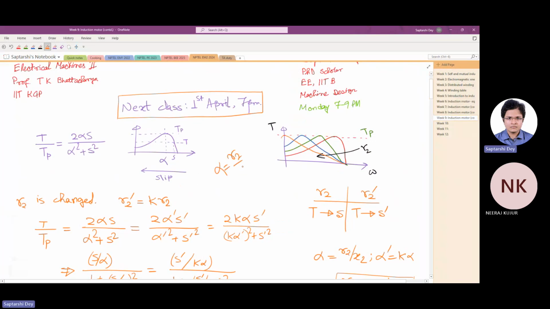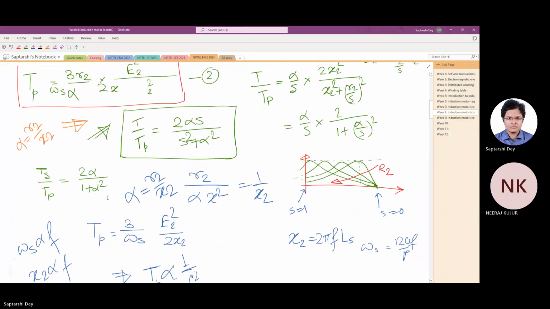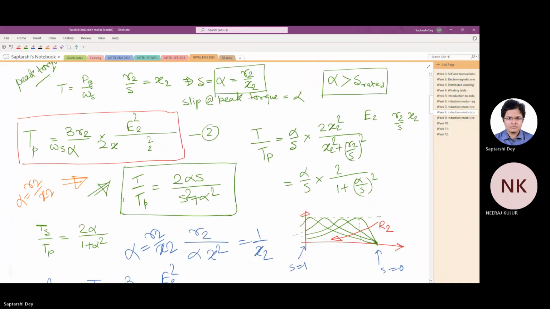Since alpha is R2 by X2, increasing R2 will increase alpha. So at higher and higher values of slip, you will get the peak torque. Slip increases from right to left. Here you have slip 0, here you have slip 1. So it increases, but the peak torque does not get affected. That is clear from this equation.